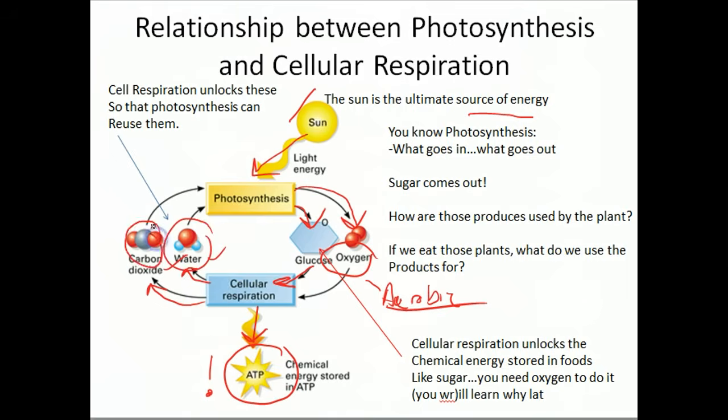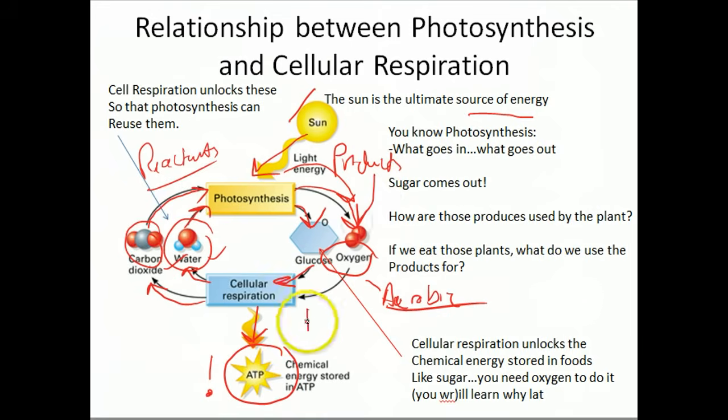Water and carbon dioxide go on to be the reactants for photosynthesis. So there's certainly a relationship here where there are certain reactants for photosynthesis. They go on to do their thing and produce these products, right? And then these products go on to become reactants for cellular respiration.